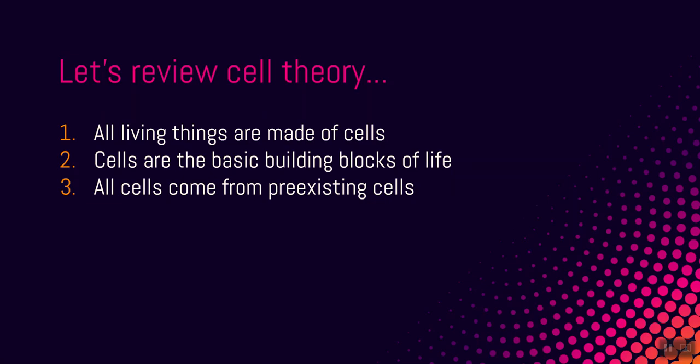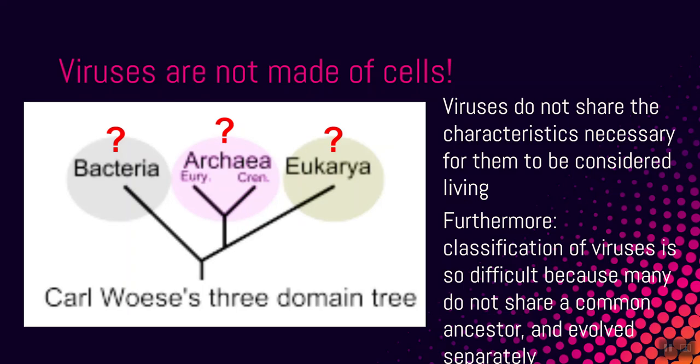Let's review cell theory, right? We went over this a few weeks ago, and it has three components, and I want us to focus on the first one, that all living things are made of cells. So in order to be a living thing, you have to be made of cells, these basic building blocks of life. And viruses are not made of cells.